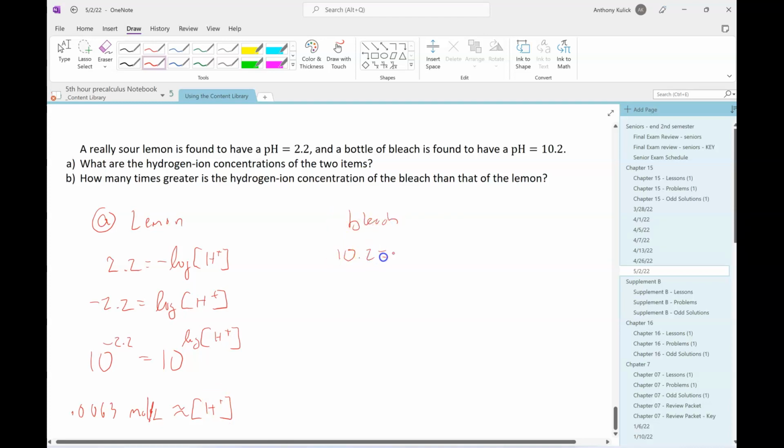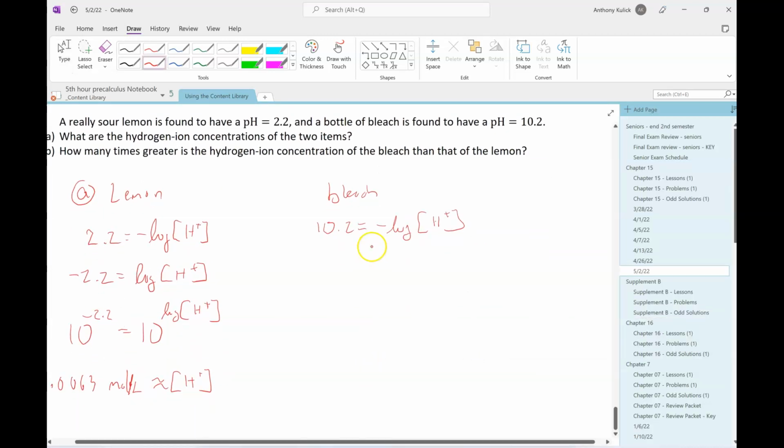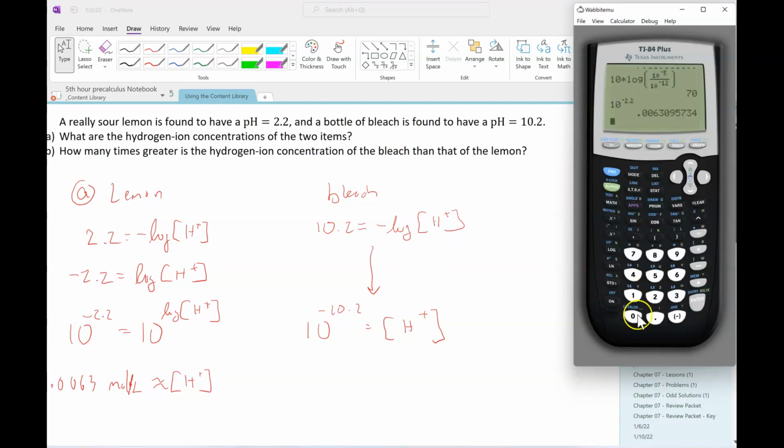So if I do bleach, we basically do the exact same thing, right? I'm going to cheat the work. Everybody's okay with that? It's the exact same steps. So I get 6.31 times 10 to the negative 11th.